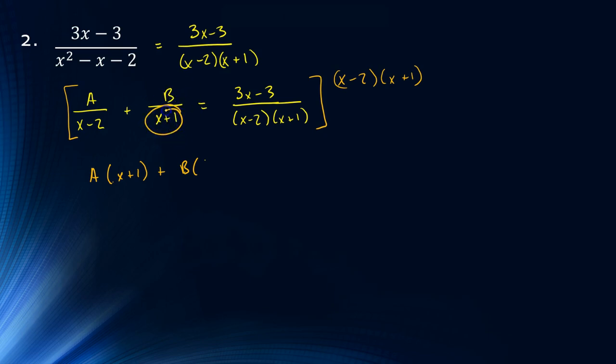So for this b value, the x plus 1 and the x plus 1 would cancel out, leaving us with b times x minus 2. So whichever way makes most sense to you, I don't care how you do it. You're going to get the same answer. And then on the right side, the denominators would cancel each other out, so we're left with just 3x minus 3 in the numerator. And the zeros here would be negative 1 and a positive 2.